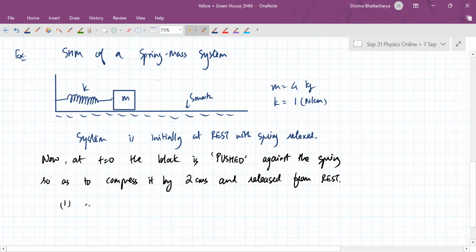First of all, show that the block performs SHM and find its time period.